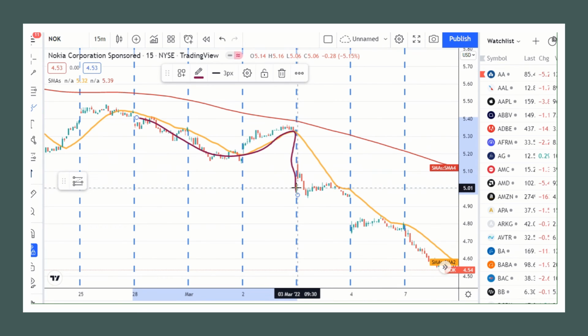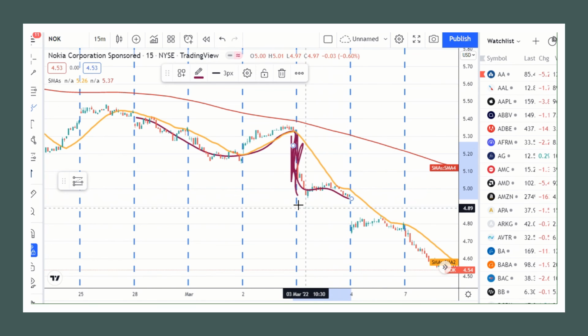Whenever you see a gap in between two candles, or the day opens in a gap, if you just connect them, just look at it as a large red candle. Okay, so the trend continues down.